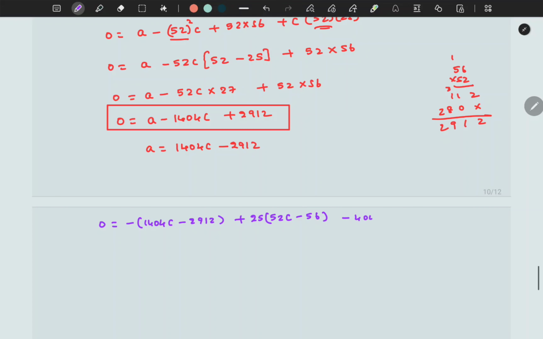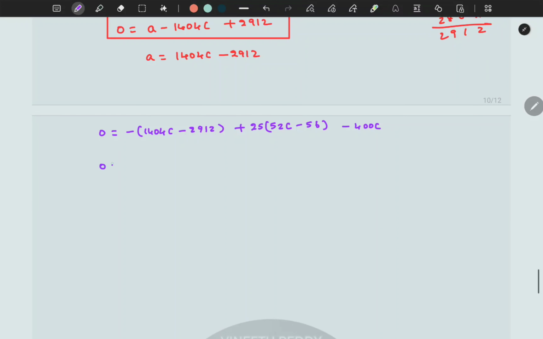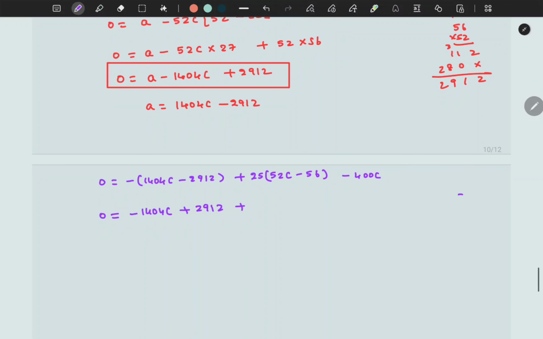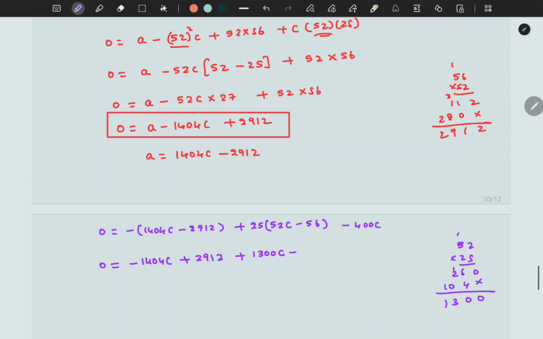So we get 0 is equal to minus 1404c plus 2912 plus 25 into 52. 52 into 25, what do we get? 5 2s are 10, 5 5s are 25, 26, 2 2s are 4, 2 5s are 10. So we get 1300c minus 25 into 56.